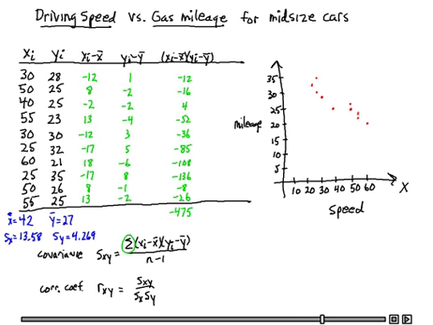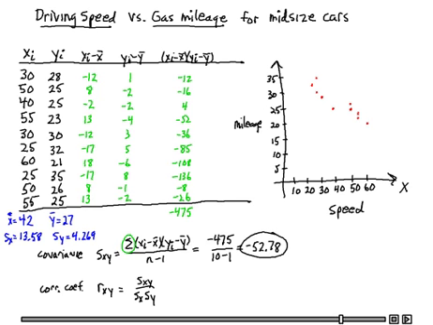So in my formula, the numerator, the sum of all those products, will be negative 475. And again, I'm going to be dividing by the sample size minus 1, or 9, and I get negative 52.78, and that's going to be my covariance.